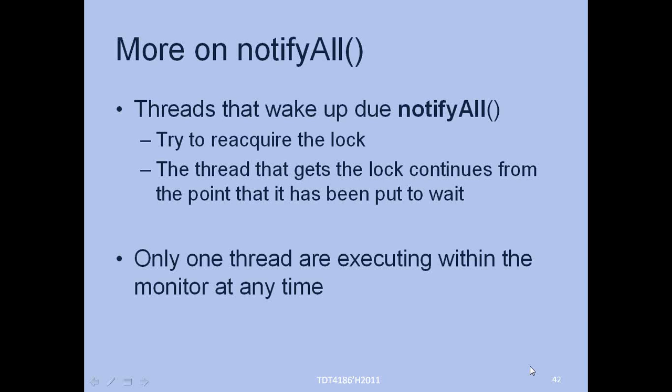Can you just repeat, sir, what you said now? See, only one thread must be executing within the synchronized block or synchronized method at any time, but one thread per instance. So if there are multiple instances, multiple threads can run, but multiple threads of the same instance shouldn't run at the same time. Those are for non-static variables and non-static methods.